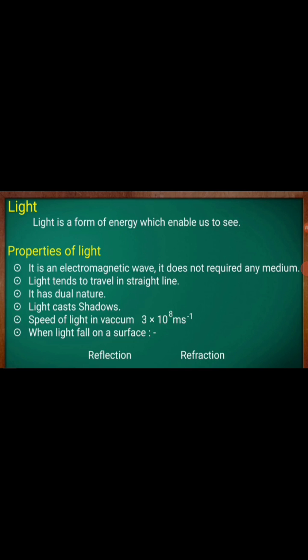Whereas if the surface is a transparent medium, then the light can penetrate through that medium. Therefore, wherever the light falls on the transparent medium, it bends into the different medium. That is called refraction. In today's class, we are mainly concentrating on the topic that is reflection.